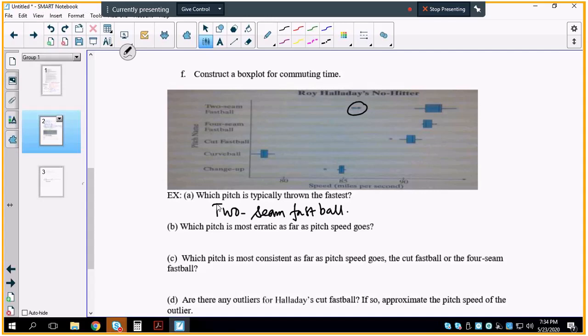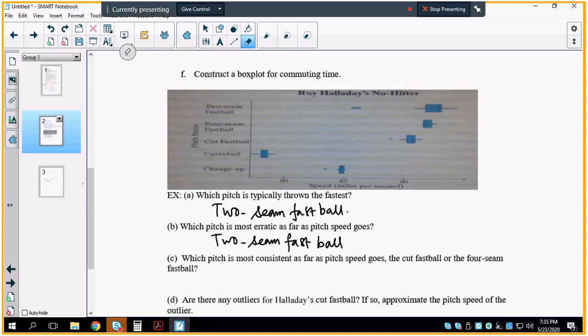So we'll say that the most erratic, the most sparse data is the 2-seam fastball. Because the distributions are not symmetric, we are using the interquartile range to determine the measure of variability. And because the 2-seam fastball has the largest box, the largest interquartile range, and it has outliers too, in my mind, this is the most erratic one.